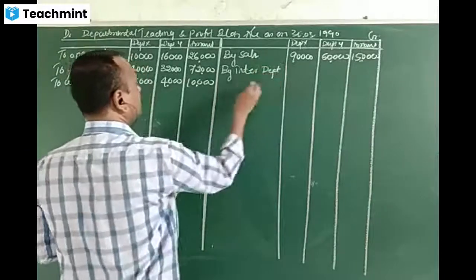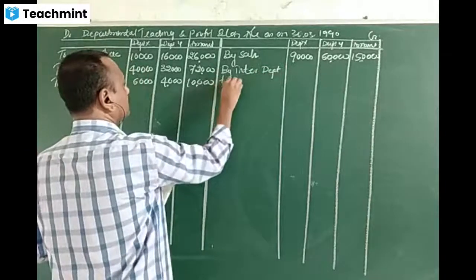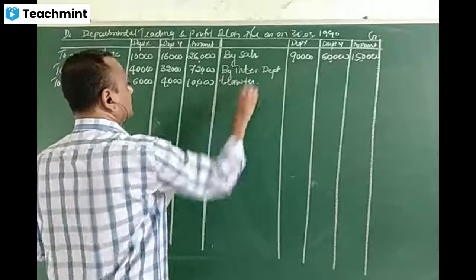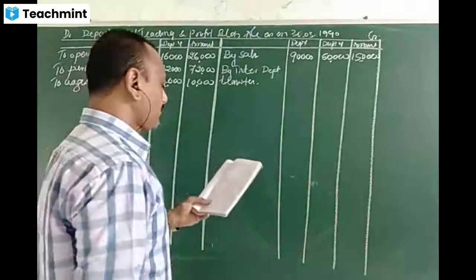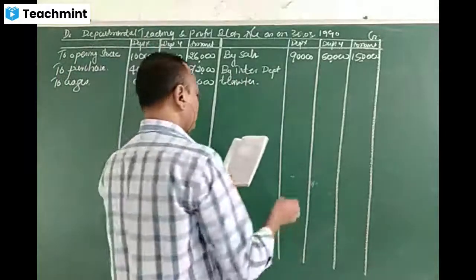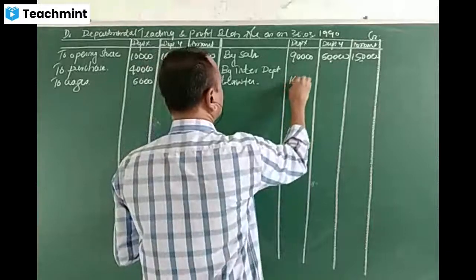inter-departmental transfer. Here we have to credit for X 16,000.